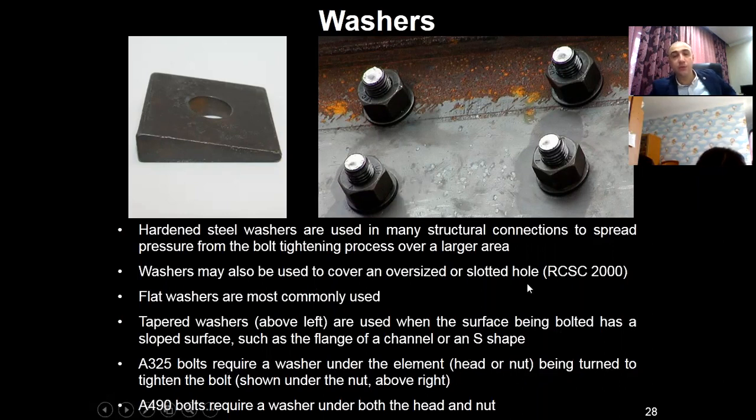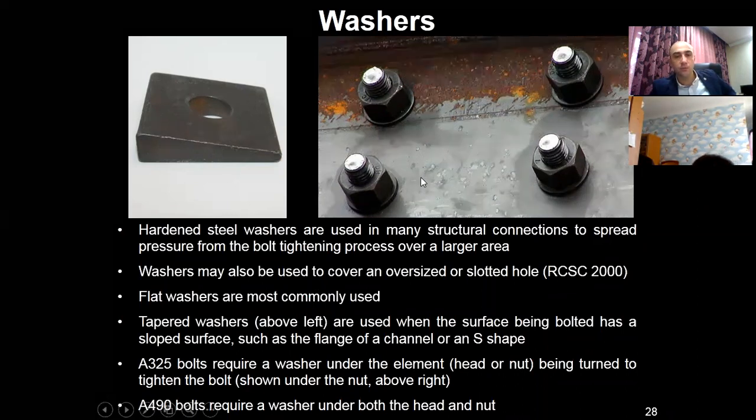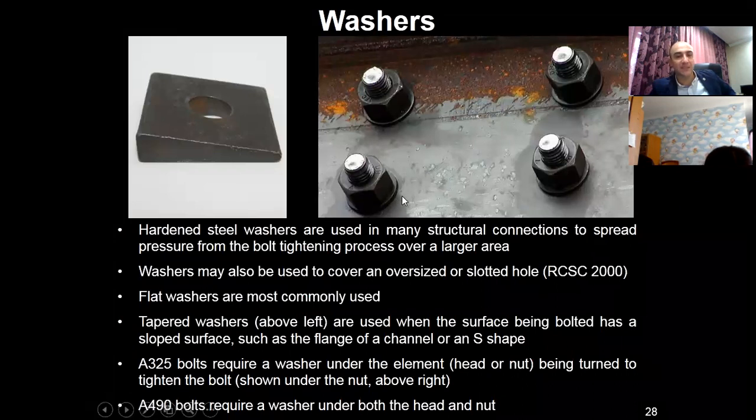So it can be used not only near the nut or head of the bolt, but also on the opposite parts of the tightening construction, like you see here. And bolts of A490 require a washer under the bolt head and also under the nut. So in two parts, not only from one part.